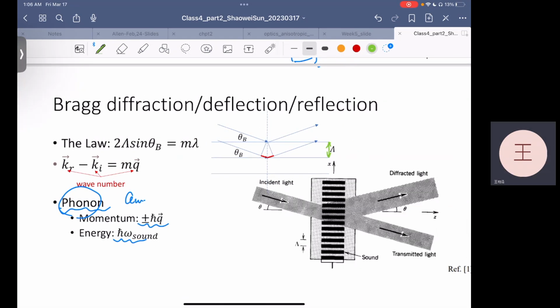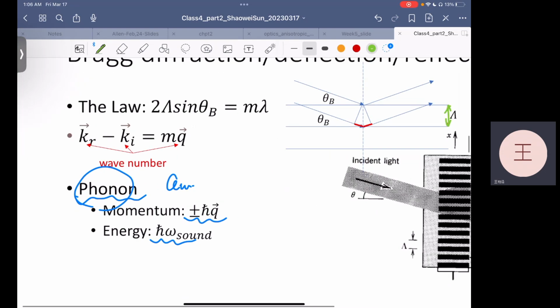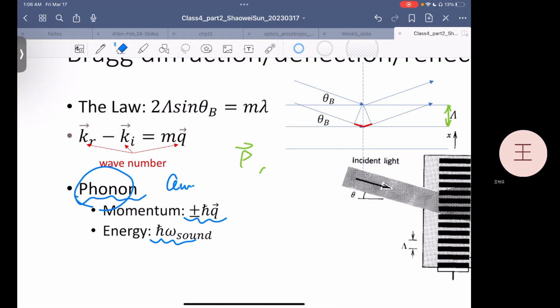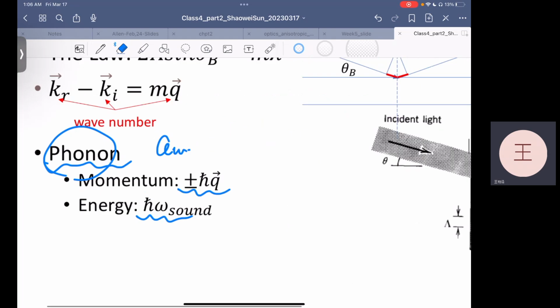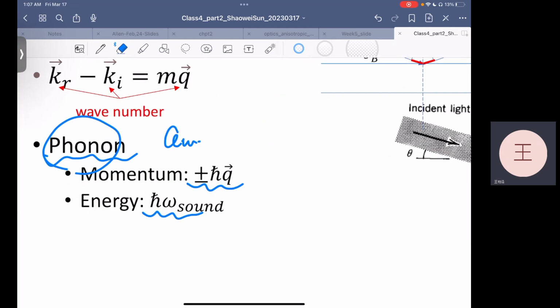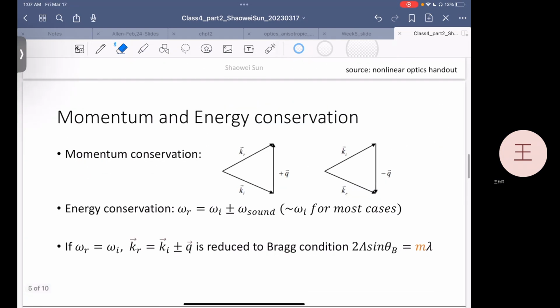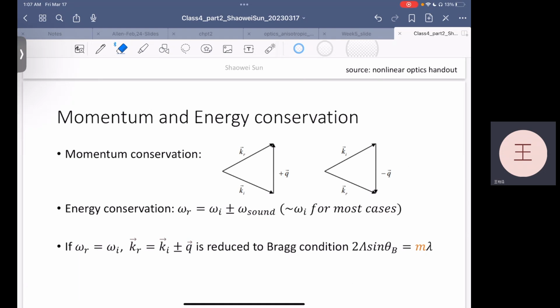And besides the phase, you may also need to take the momentum and energy into consideration. And here we may bring in some concepts from quantum physics, which is the phonon. A phonon will cause the momentum and energy to have this kind of relationship.